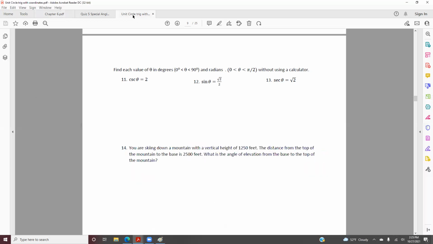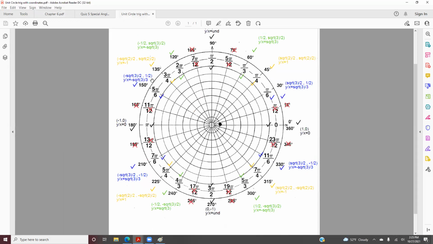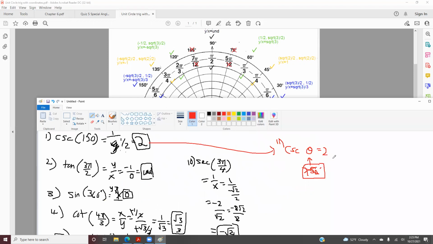But if you look at the unit circle, 150 degrees is the blue one, right? Can you tell me the reference angle in the 0 to 90 degrees range? 30. And in radians it will be pi over 6. Yep. So for question number 11, your theta will be 30 degrees or pi over 6. That is how we do question number 11.